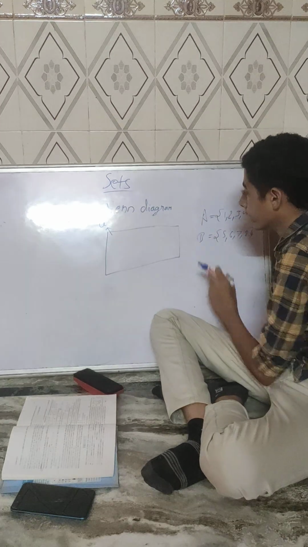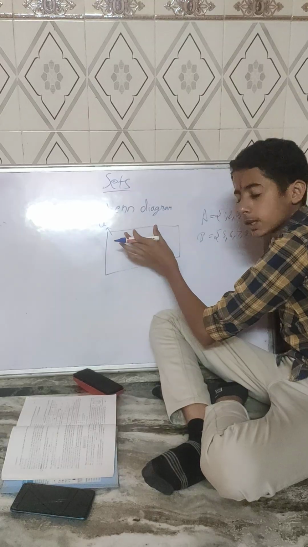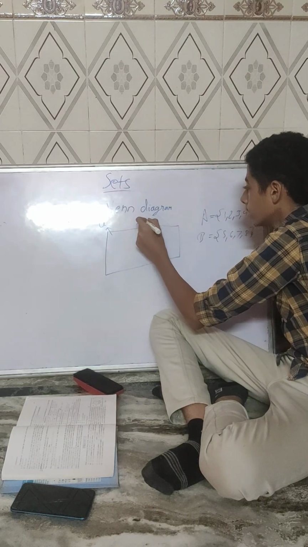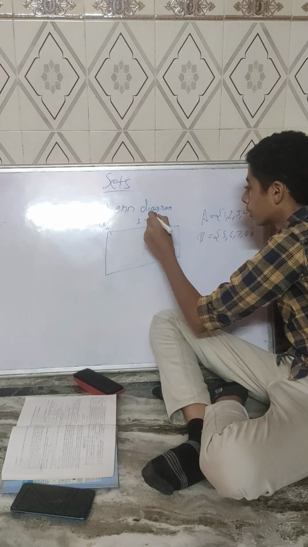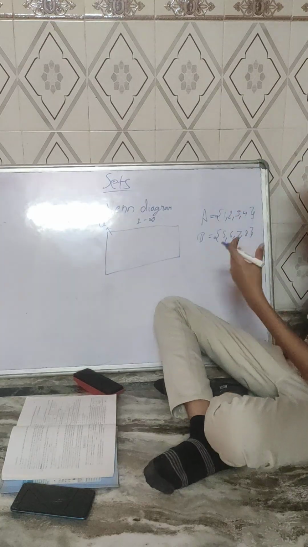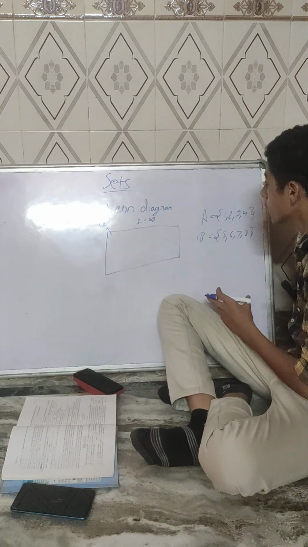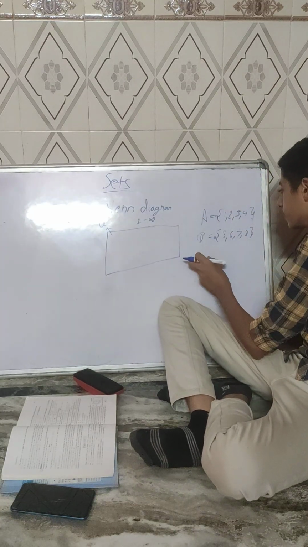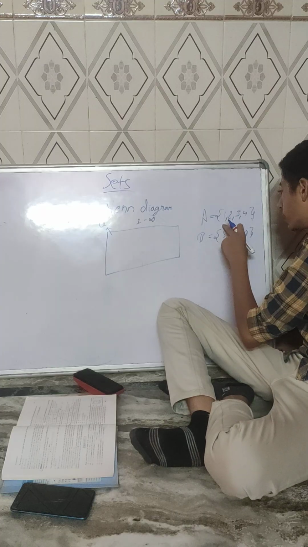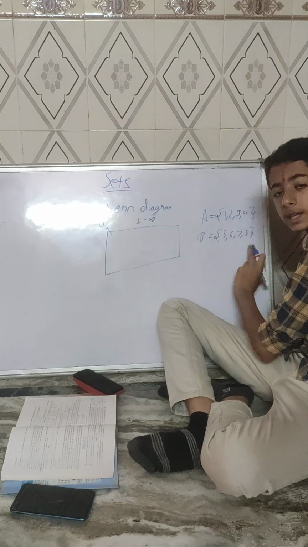This whole universal set is from 1 to infinity, the universal set of natural numbers. And we have two sets A and B. Now their elements are 1, 2, 3, 4, 5, 6, 7, 8.